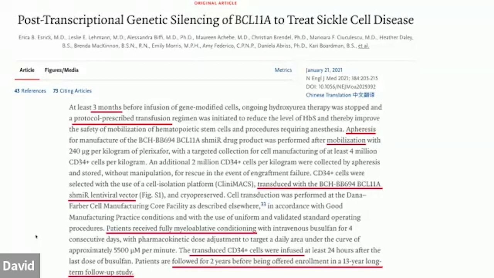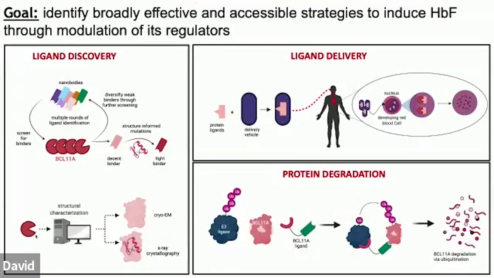So this is not something that is offered to anyone who is not among the sickest of sickle cell disease patients. Okay, so given that we know BCL11A's role in inducing fetal hemoglobin, and its validation in those gene editing studies as being a way to develop therapies for sickle cell disease, why don't we create molecules that target this protein, right?